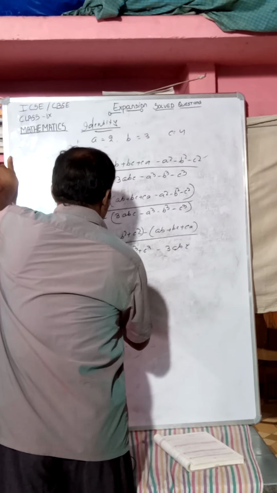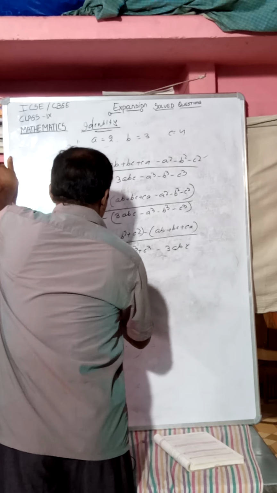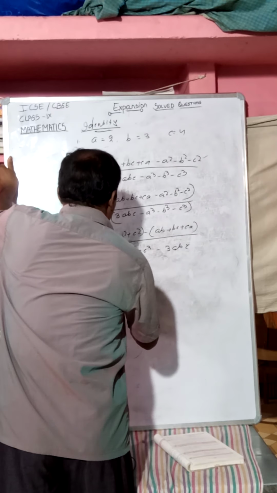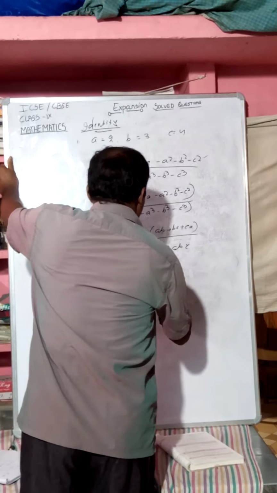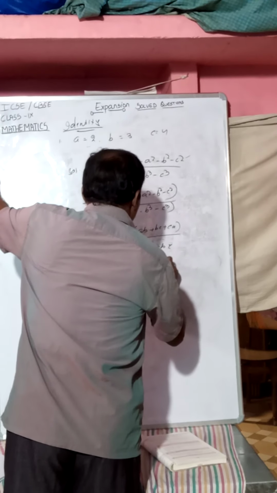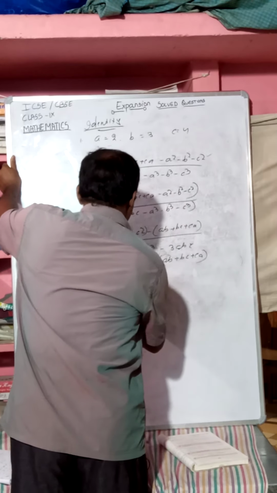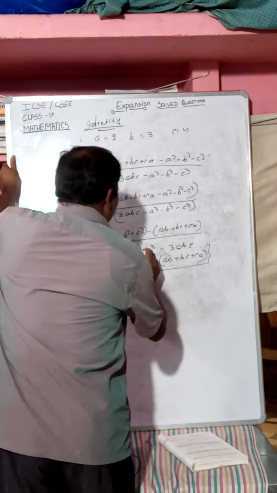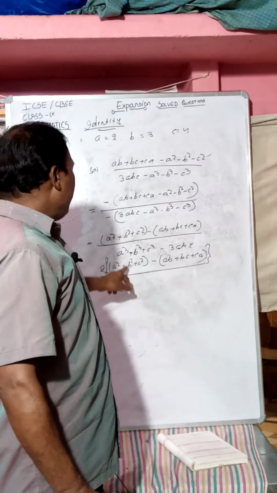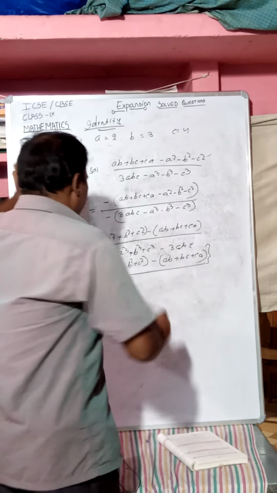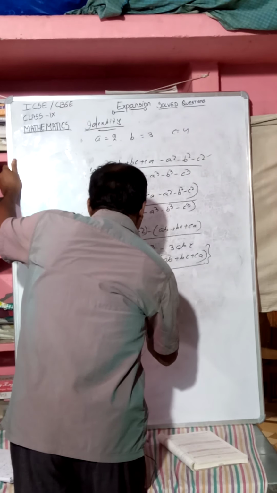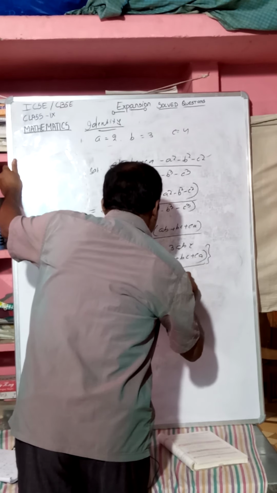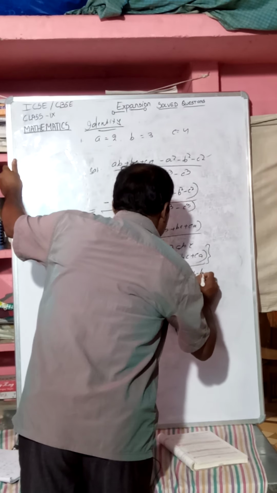So 2 into (A square plus B square plus C square minus (AB plus BC plus CA)) divided by 2 whole into (A cube plus B cube plus C cube minus 3ABC), that is equal to A plus B plus C whole into (A square plus B square plus C square minus AB minus BC minus CA).